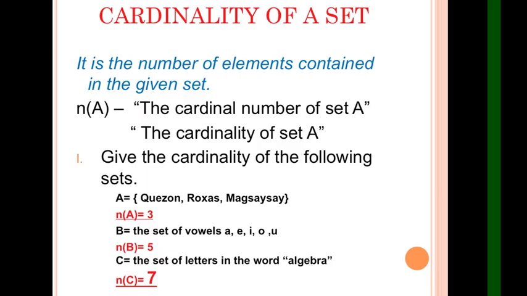We can include them. So halimbawa in the word algebra, letter A repeats, no? So ibig sabihin, pwede natin siyang ibilangin pa. So counted yung isang A pa. So we have 7 letters for the word algebra, and that's the cardinality of the set C.